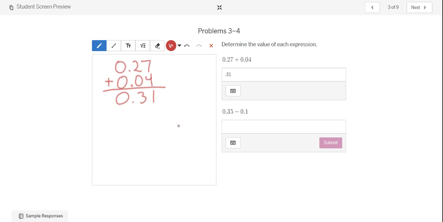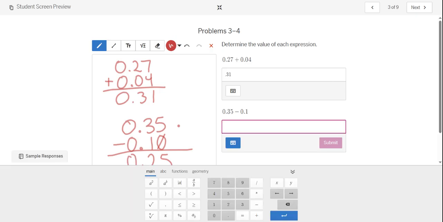And then I've got 0 and 35 hundredths minus 0 and 1/10. I'm going to put an extra 0 on that, even though it's not really there, just to line up the numbers better. 5 hundredths minus 0 hundredths is 5 hundredths. 3 tenths minus 1/10 is 2 tenths. 0 minus 0, I get 25 cents. 0.25. Submit.